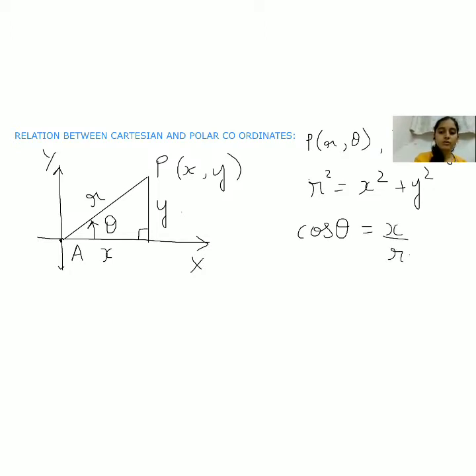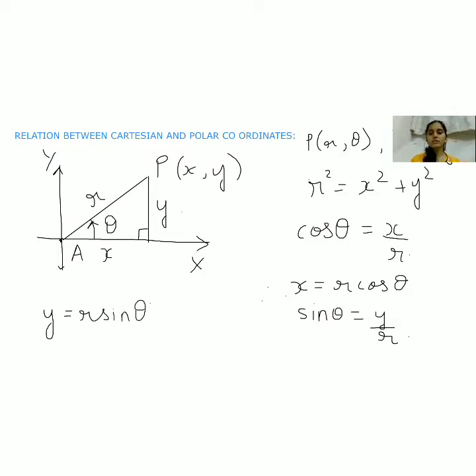Therefore, x is equal to r cos theta. Similarly, sin theta is equal to y upon r, so y is equal to r sin theta.